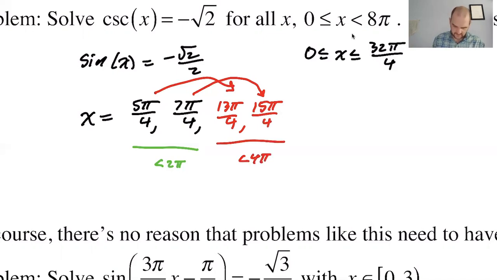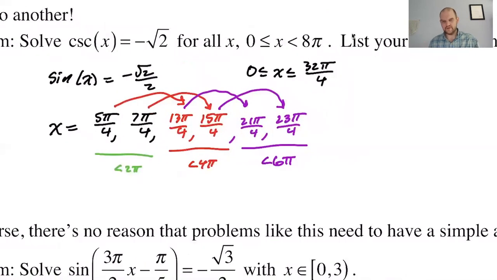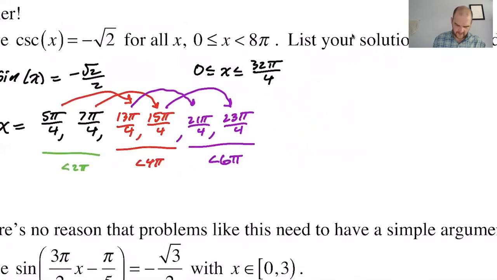Now from here and from here I do it again: 21 pi over 4 and 23 pi over 4. These are less than 6 pi. They're bigger than 4 pi, but there's no reason to write that.